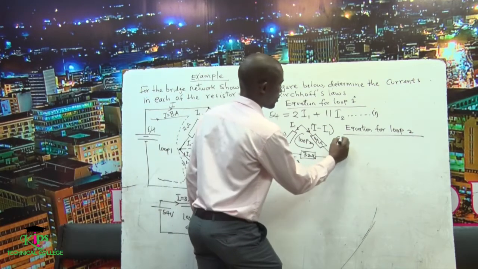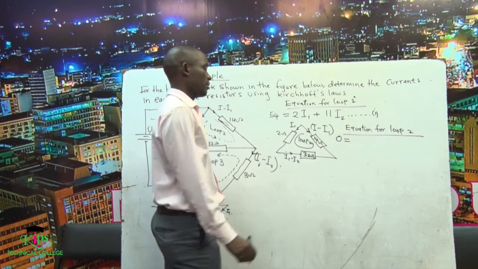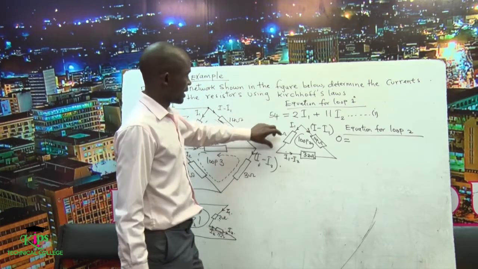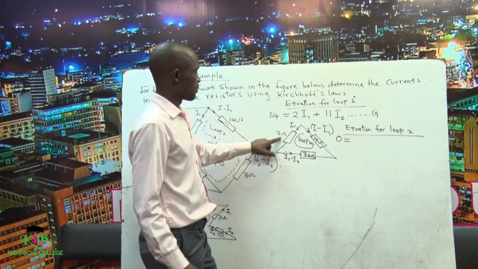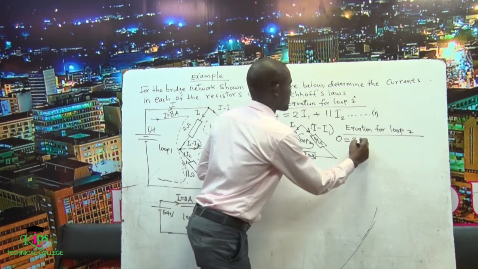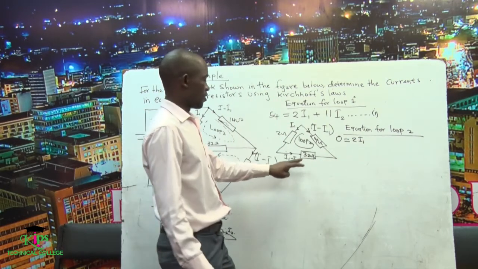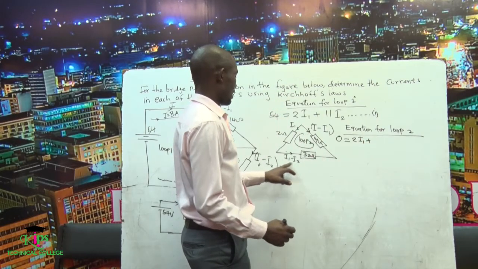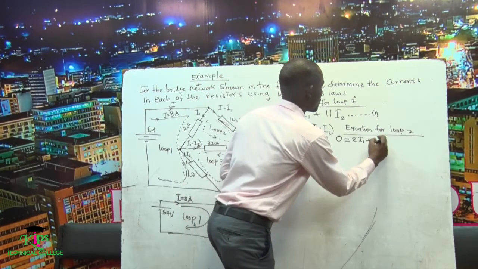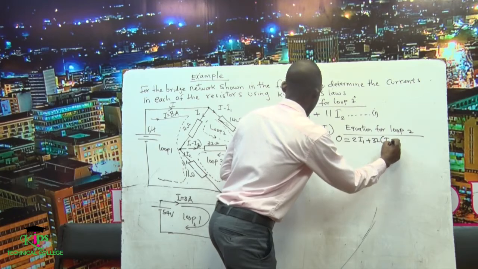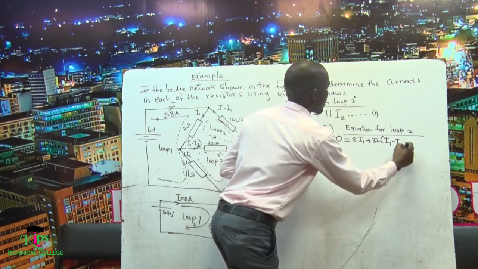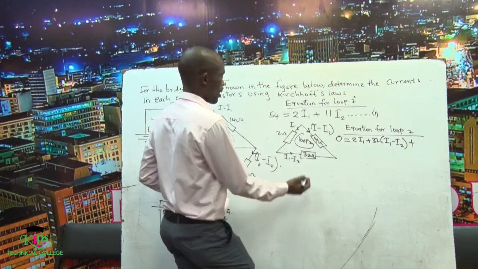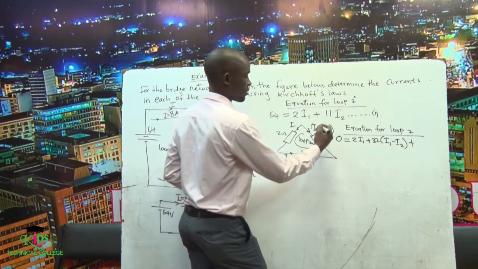So 0 will be equal to, we can begin here, the voltage drop across this resistor, which is resistance times current, 2 times I1. The voltage drop here will be equal to the current times the resistance. So plus 32 multiplied by the current, which is I1 minus I2, plus the voltage drop here. Remember, our loop goes this direction.